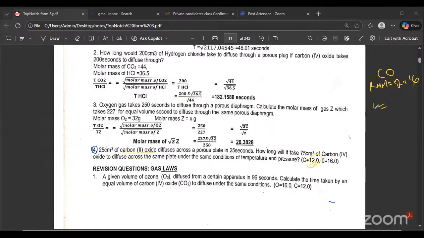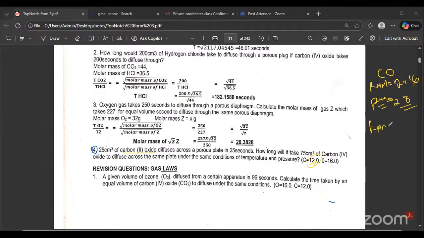So RMM of CO is 28. Now that one is the first one. Now we go to the next one, where I want us to get the RMM. Let us just do the RMM for both of them. RMM for CO2 has been done several times, let me not even do it again.